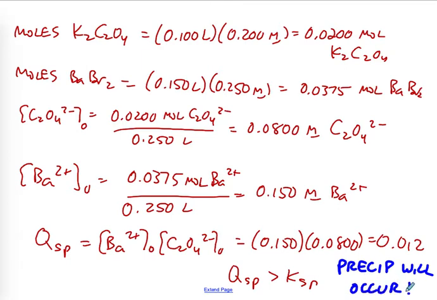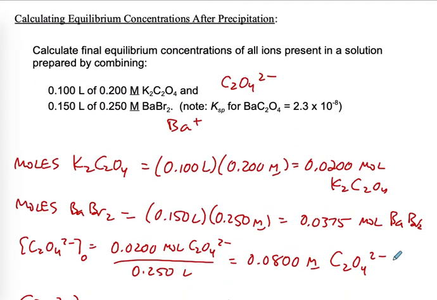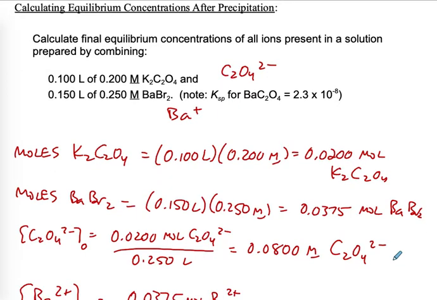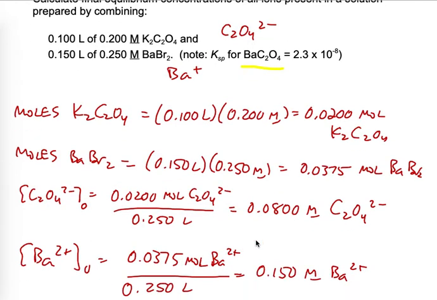So that's good. So now the question then is, what are the concentrations of all of the ions present after precipitation takes place? Well, clearly there's going to be some stoichiometry involved. So let's go back and look at the formula. We see that in the formula, in barium oxalate, BaC2O4, the barium cations and the oxalate anions react in a 1-to-1 ratio.